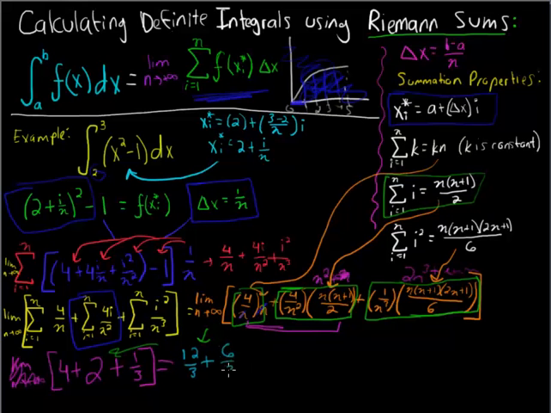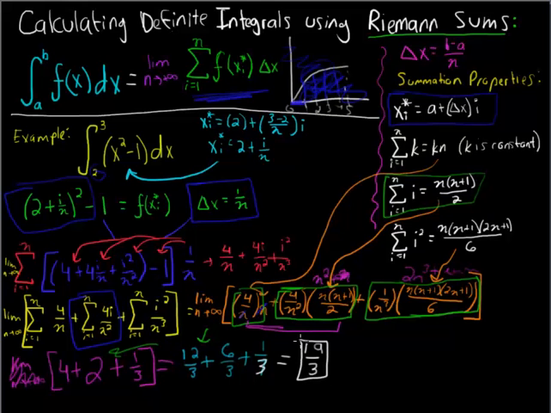And 1/3 is just 1/3. 12 plus 6 plus 1. We'll write this in white. So 12 plus 6 is 18, plus 1 is 19. Oh, whoops. I wrote 7. There we go. Okay, so 12 plus 6 is 18, plus 1 is 19, and it turns out to be 19/3.